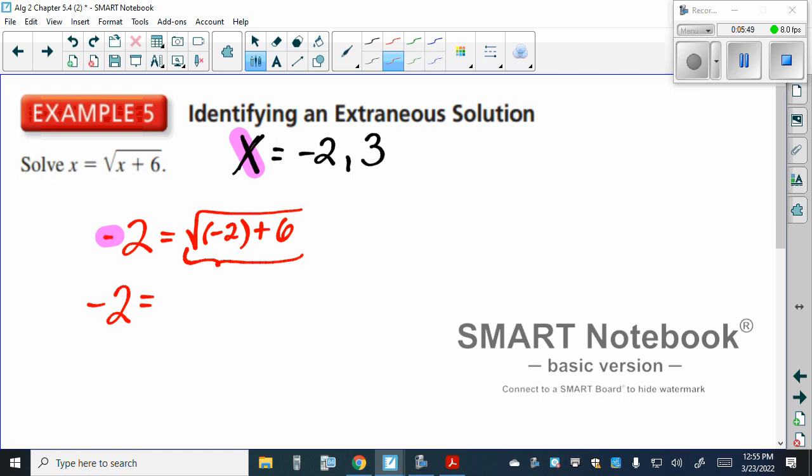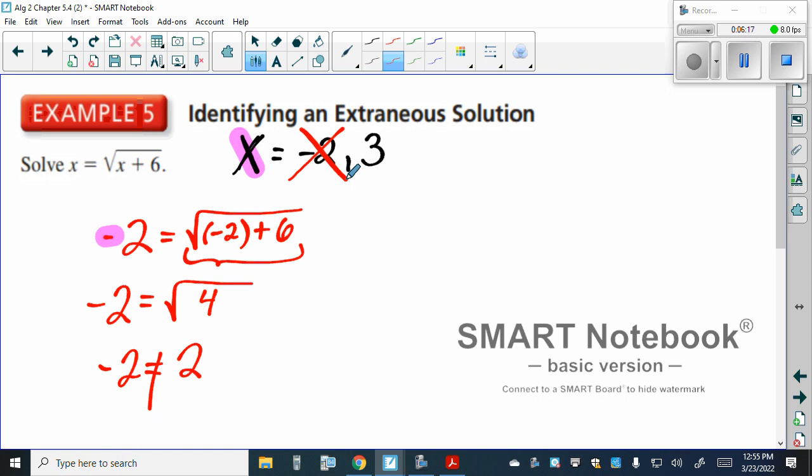The main thing that we would type into the calculator is the square root of -2 plus 6 to see what we get. If we worked it out by hand exactly, it would be 2, because -2 plus 6 is 4, and the square root of 4 is 2. Well, -2 is not equal to 2. So that tells us that -2 is not a solution. It doesn't work back in the original problem.